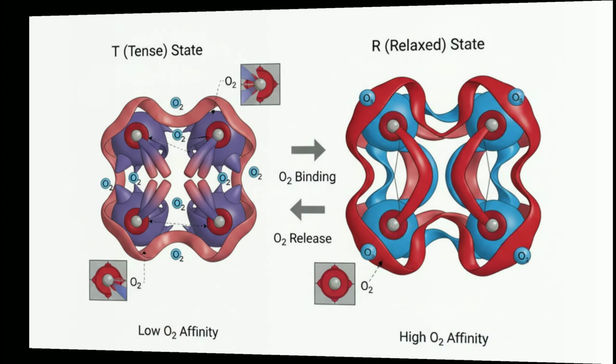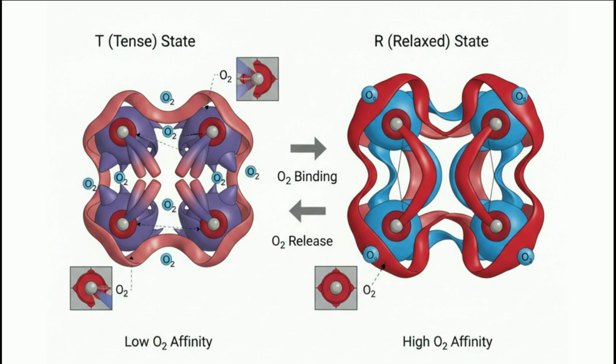Let me explain this. Hemoglobin can exist in two states: a tense state where it unlocks, pushes oxygen out, and is less amenable to oxygen binding, and a relaxed state where oxygen binding is encouraged. The tense state exists in the tissues and the relaxed state is in the lungs.